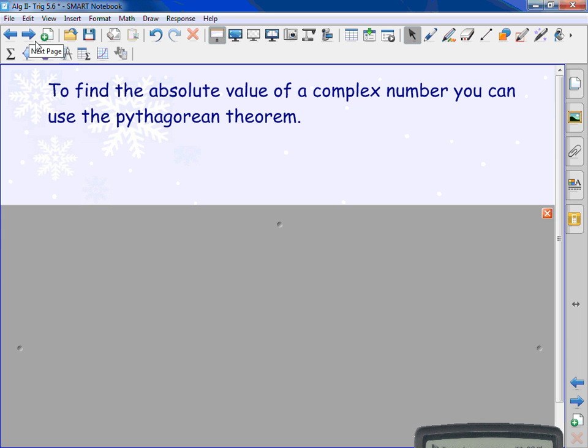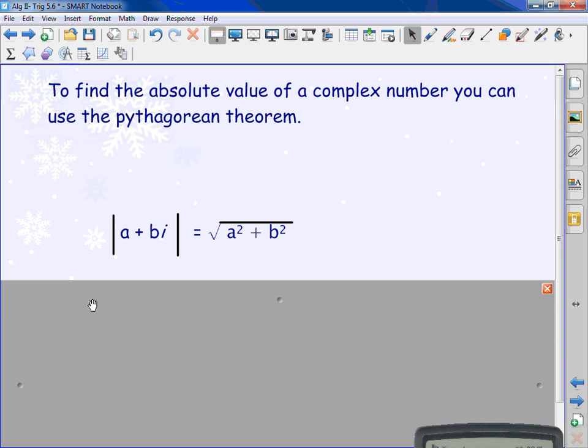What's the Pythagorean theorem? A squared plus b squared equals c squared. So in other words, to find c, the hypotenuse, we just take the square root of a squared plus b squared. Well, a is the real number, b is the imaginary number.